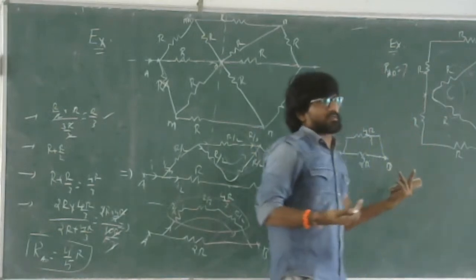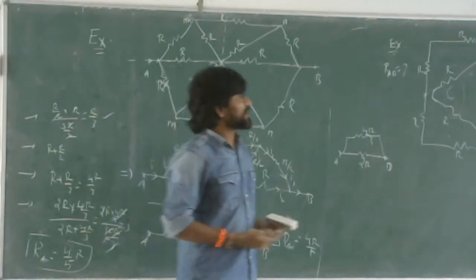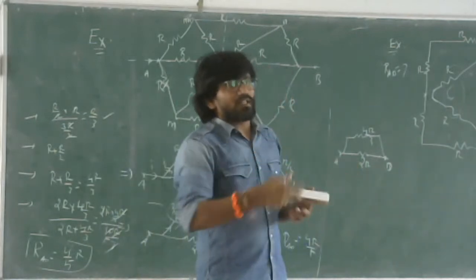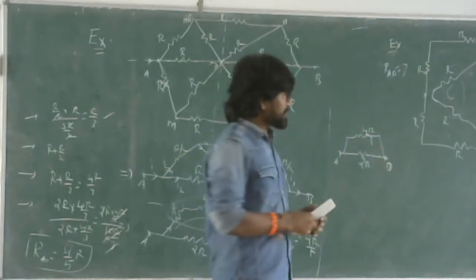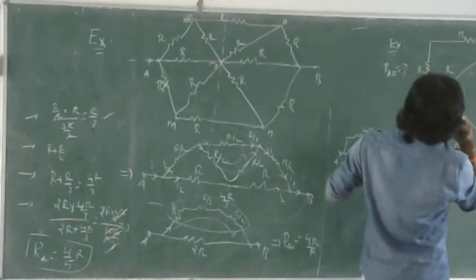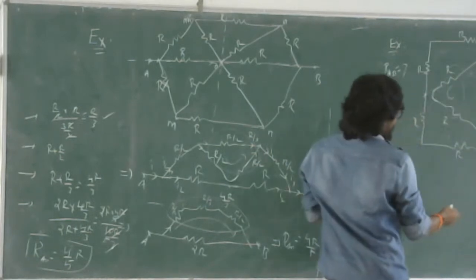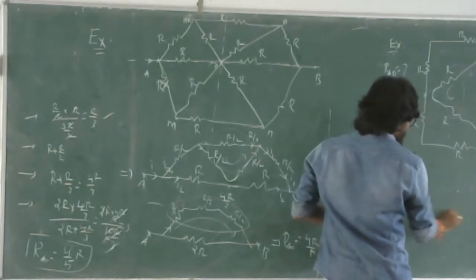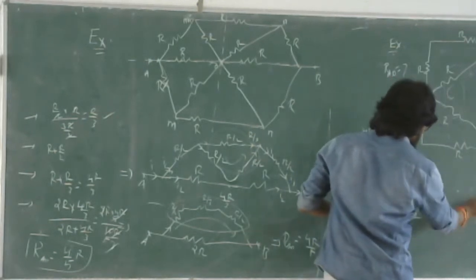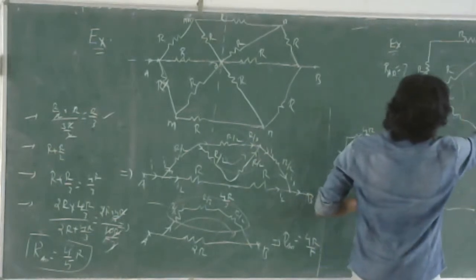What is the effective resistance? Got it? Find out the effective resistance within one step. If you practice, you can do it within even a minute. Simple. You do it fast. Between A and B, for convenience, take this as A, this as B here. We have R here, R, then this is 2R, parallel, right?